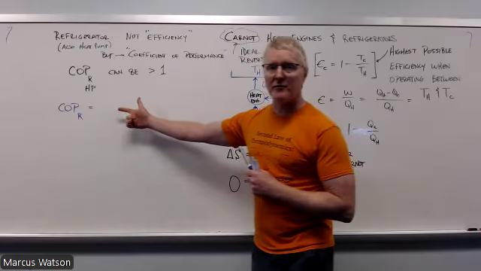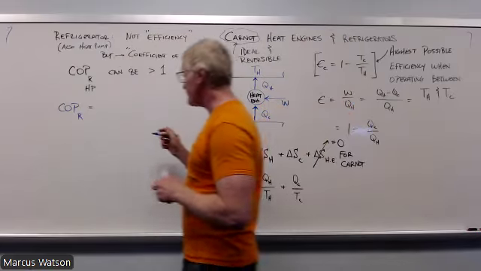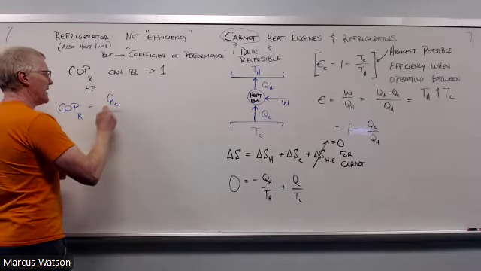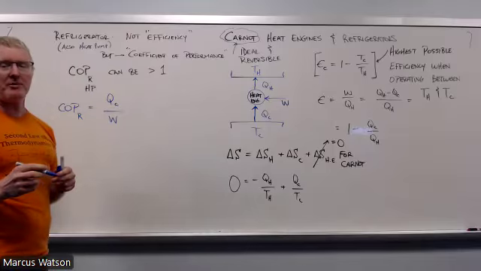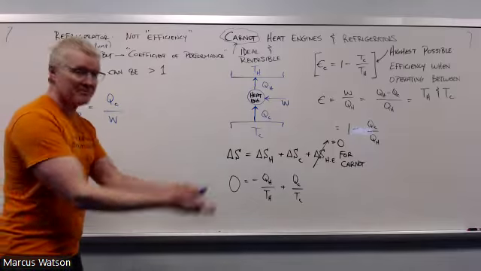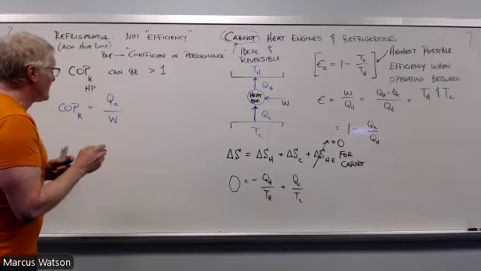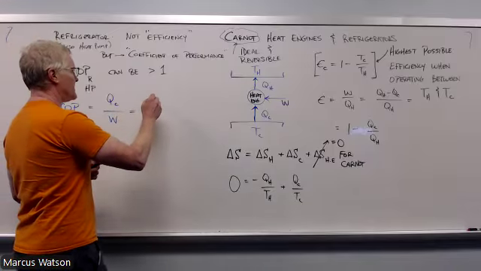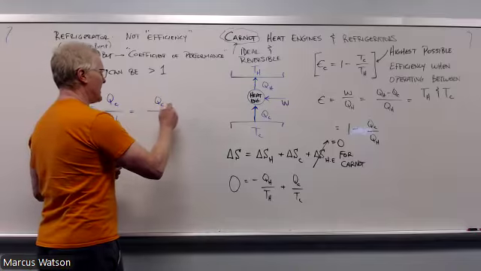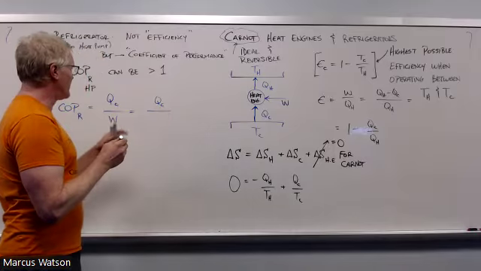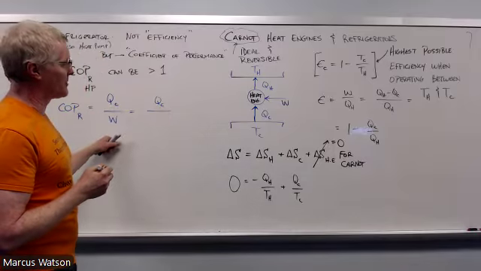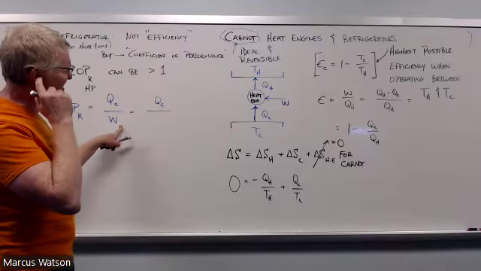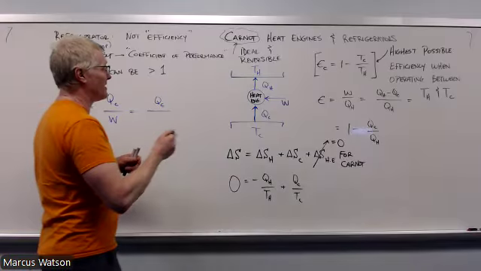All right, but we're going to look for the refrigerator. The refrigerator coefficient is QC, that's what we want, and W was what we put in order to get the QC moved, okay? So if I do this, I would go to QC, and I can rewrite QC in terms of the work, I suppose. I was just thinking of doing the work in terms of the heats. But I suppose we could do that, right?